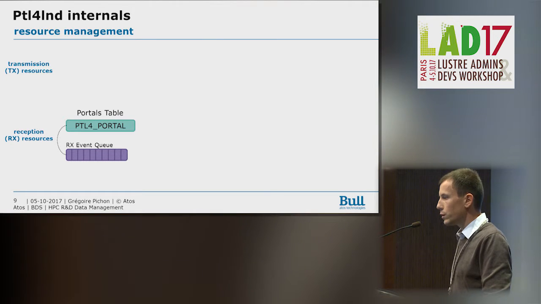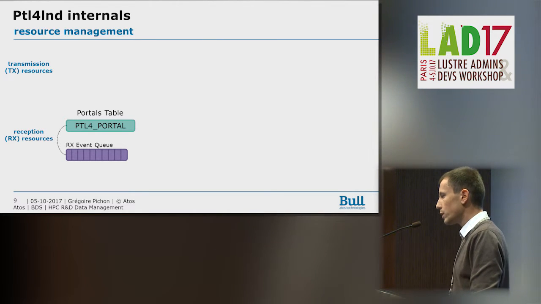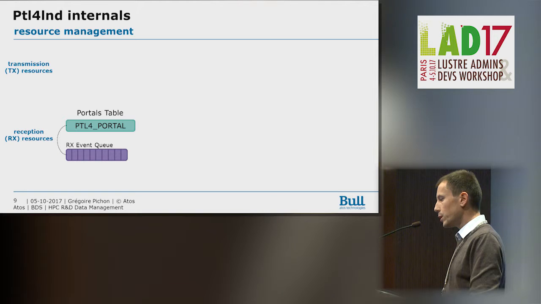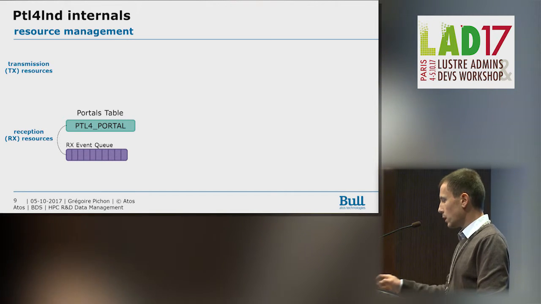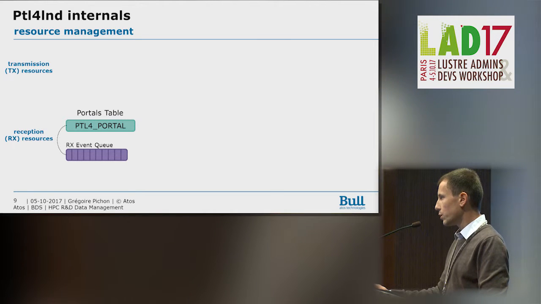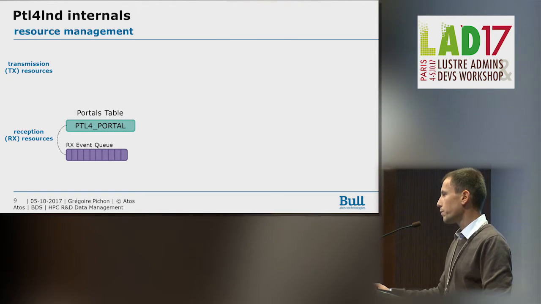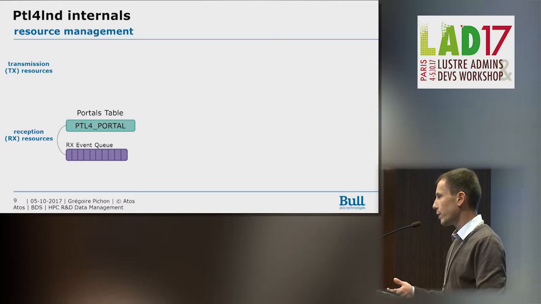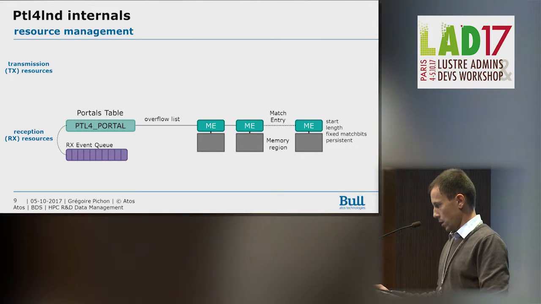So how do we use these Portals4 resources? On the reception resources, we only allocate one portal index, and we associate an event queue with it so we can ensure asynchronous management of the events.